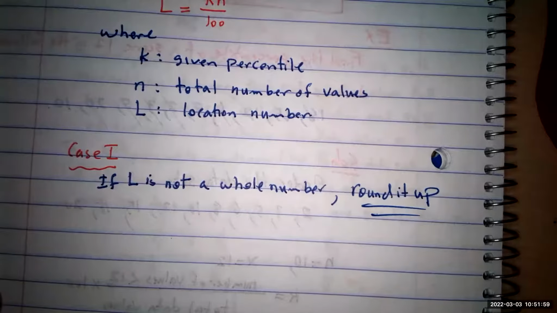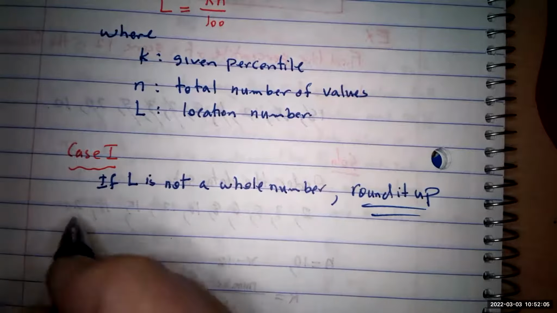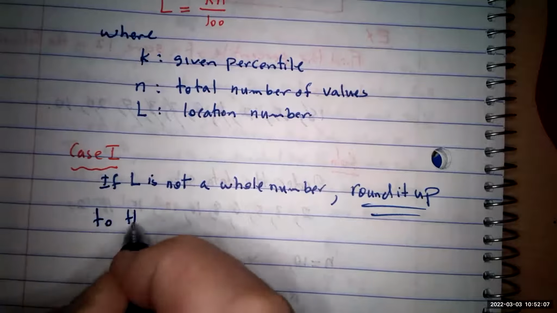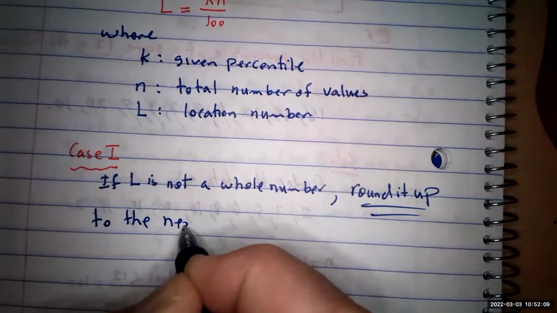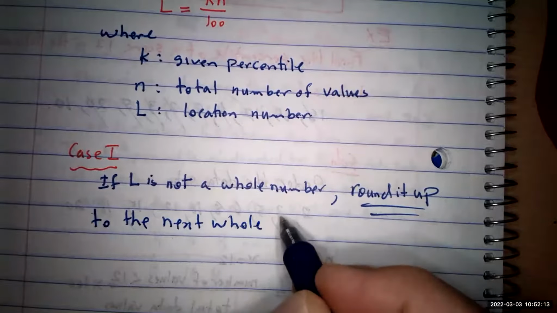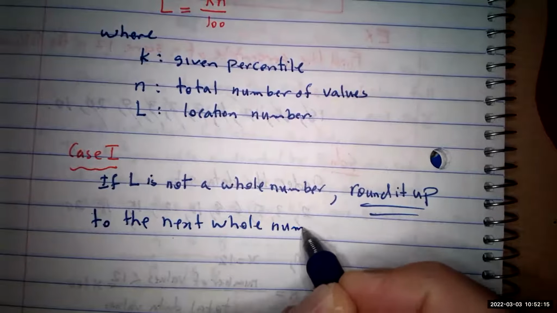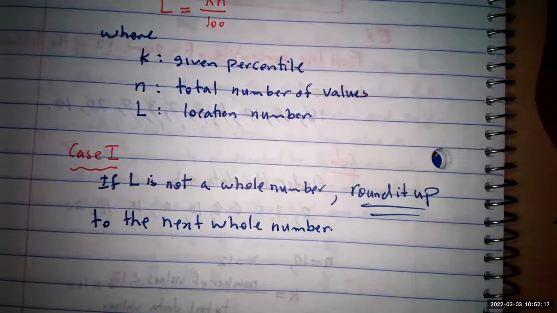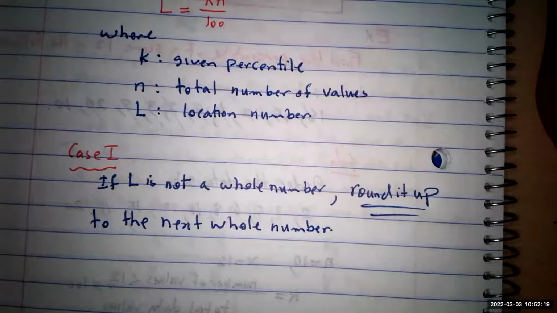Even if it's 4.1, you are going to call it 5. If L is not a whole number, round it up to the next whole number. So that would be the position of the X. Go back to that ordered list and pick the X.